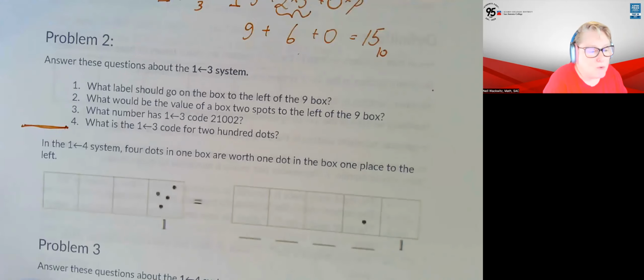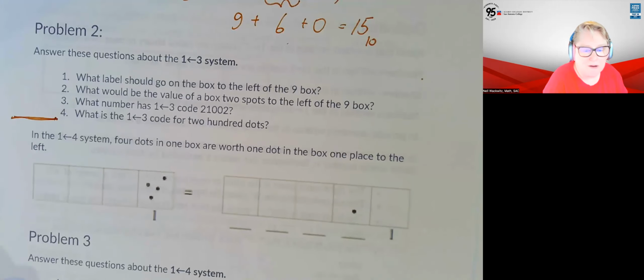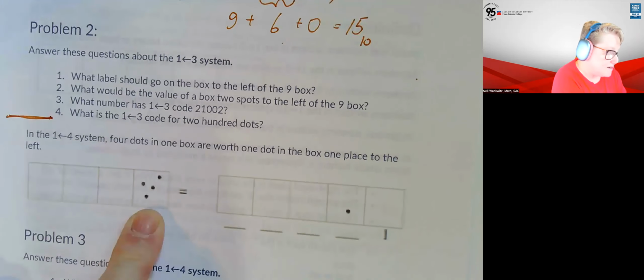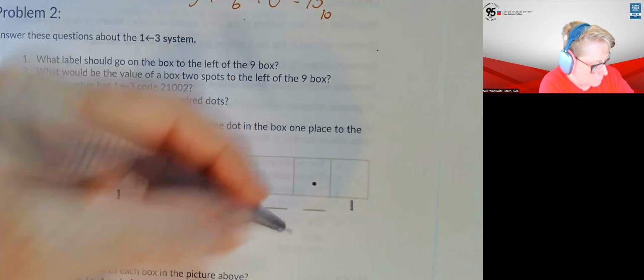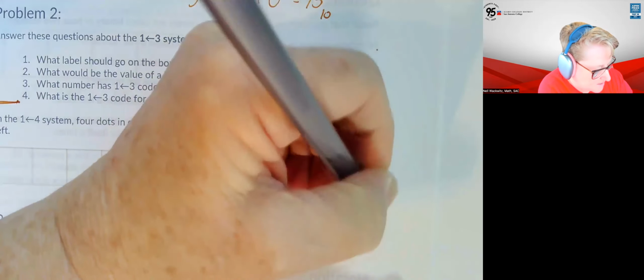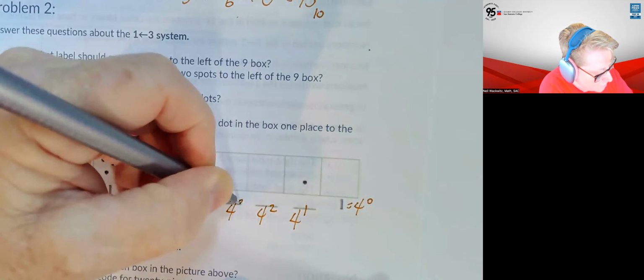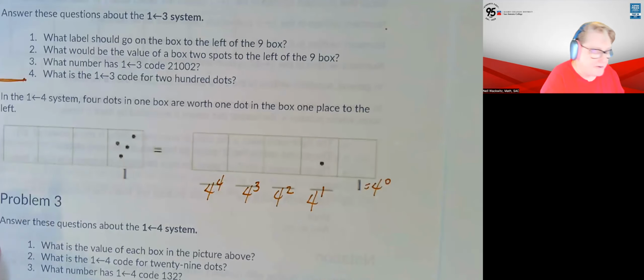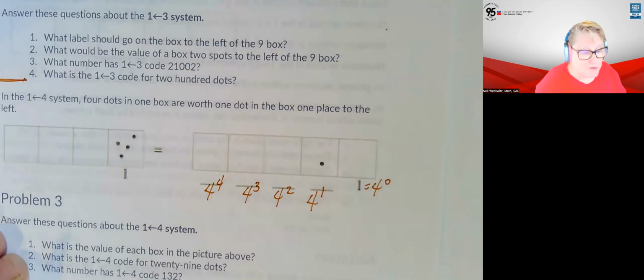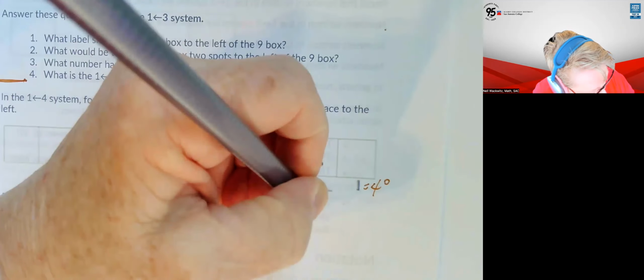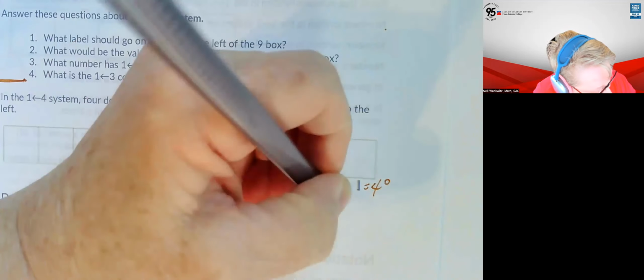So in the 1 to 4 system, 4 dots make 1. 4 dots on the right make 1 to the left. So I could say 1 is the 4 to the 0's place. Then we have 4 to the 1's place, 4 squared, 4 cubed, 4 to the 4th. So 1 dot in the 4 to the 1st place, in base 4, that's the number 10.